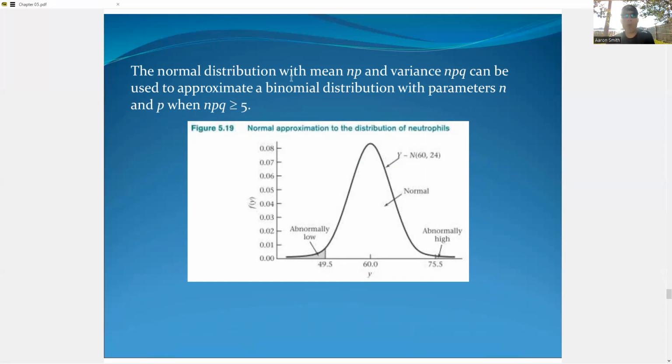All right, so the normal distribution with mean NP and variance NPQ can be used to approximate the binomial distribution, with n events and P probability of success when n times P times Q is greater than or equal to 5. Basically, the bigger this is, the better of an approximation we're going to get.